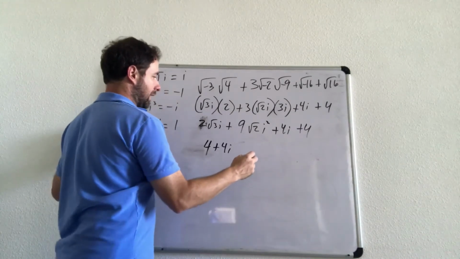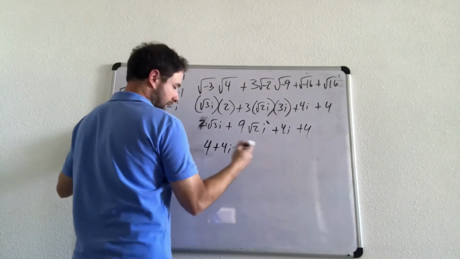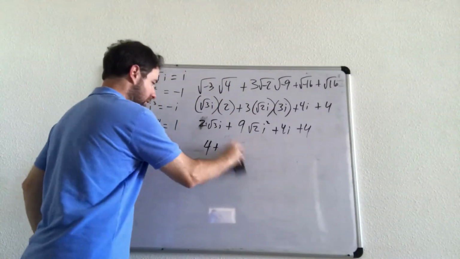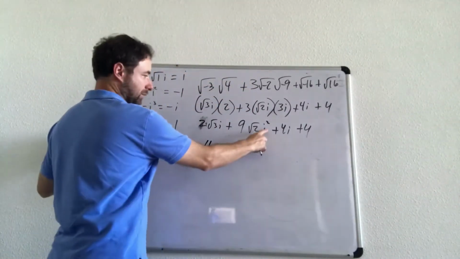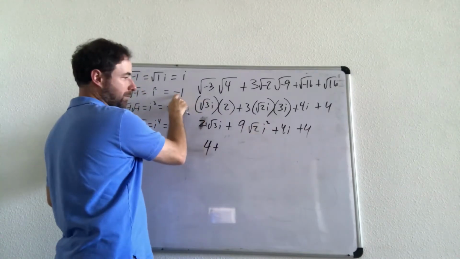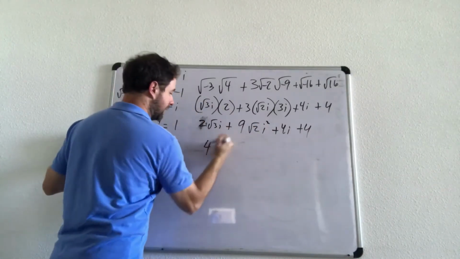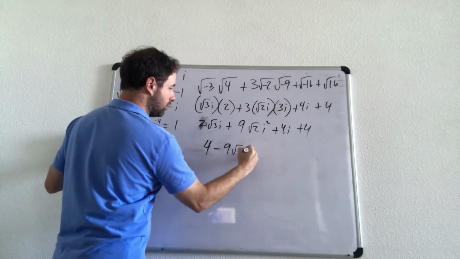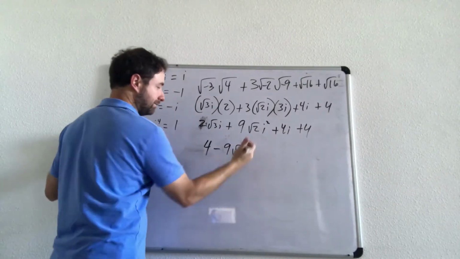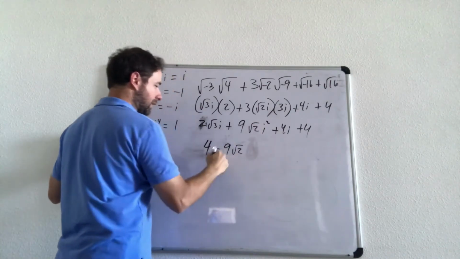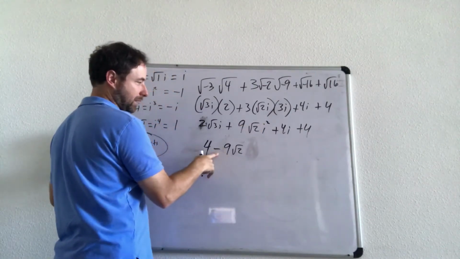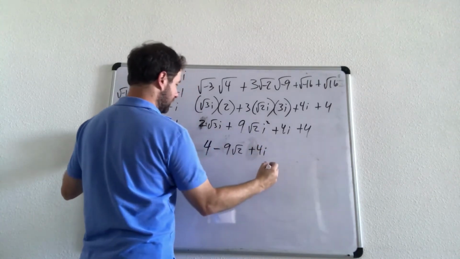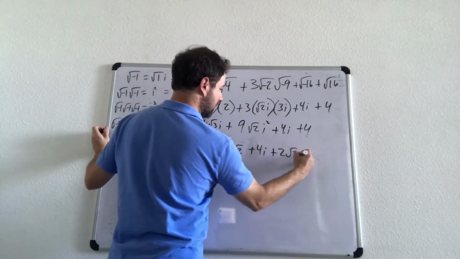Properly, the correct way to write it, it's not wrong, it's just the correct way, because this is i squared, i squared is going to end up being negative 1. So we're going to have negative 9 root 2, because i squared made it negative. Then we'll have plus 4i, then we'll have plus 2 root 3i.